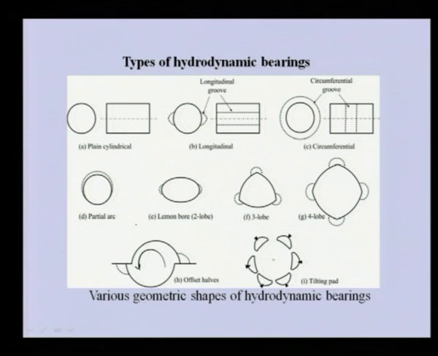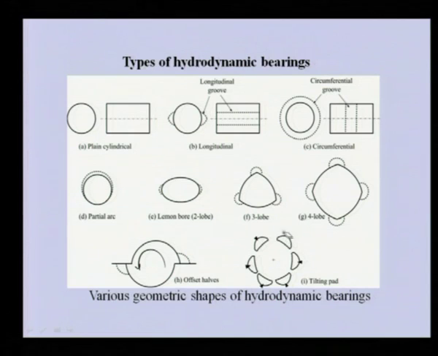Why we provide different shapes is a question, why we are going from cylindrical to various shapes. So generally, from a stability point of view, the plain cylindrical journal bearings are the most sensitive to instability, and to avoid that, we provide different kinds of shapes, and the most stable bearings are the tilting pad bearings.